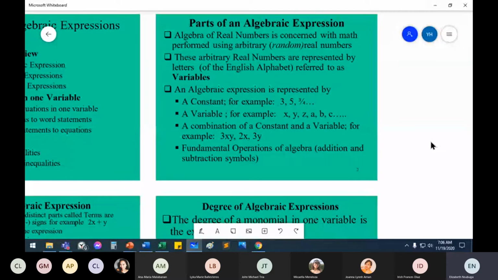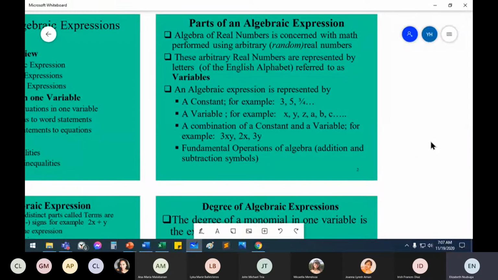Usually they use the English alphabet to assign a letter to represent a number which is unknown, and those representatives are what we refer to as variables. So if you see something like a plus b plus 3, a and b are variables because you don't know what they stand for.